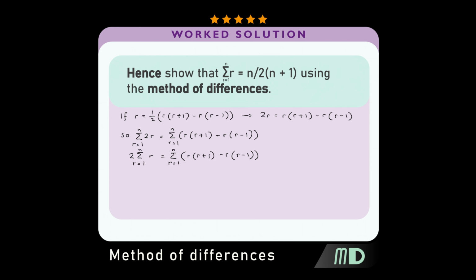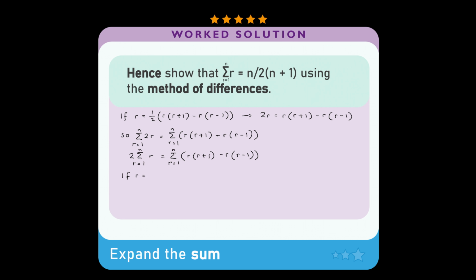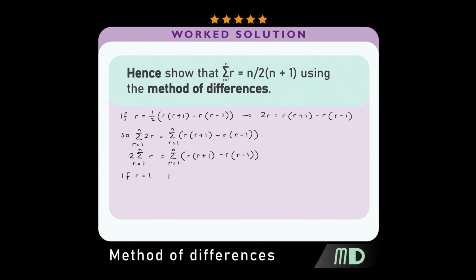Now we need to substitute values for r, starting with 1 and finishing with n. When r is equal to 1, 1 multiplied by 1 plus 1 minus 1 multiplied by 1 minus 1 is equal to 2 minus 0.